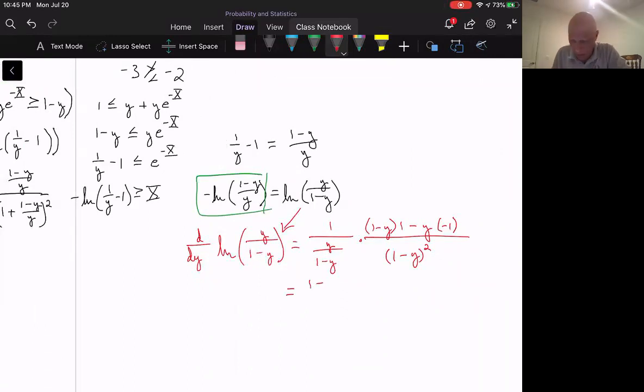This is 1 minus y over y when I take the reciprocal. The quotient rule portion is 1 minus y plus y over 1 minus y squared. The y's on top cancel out. One of the 1 minus y squares disappears, and this is 1 over y minus y squared.